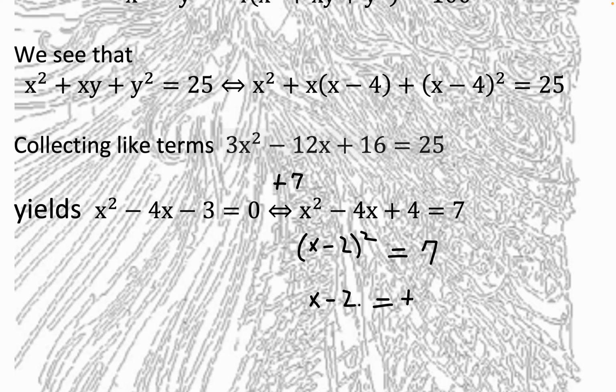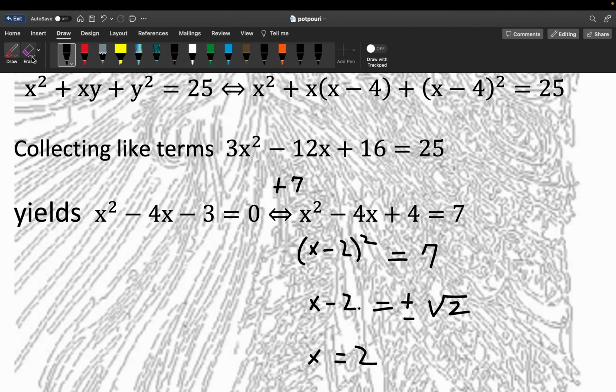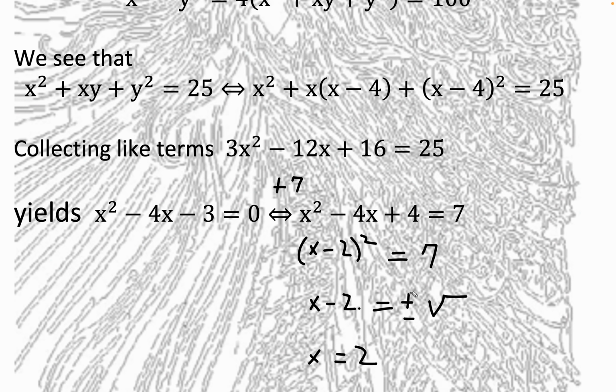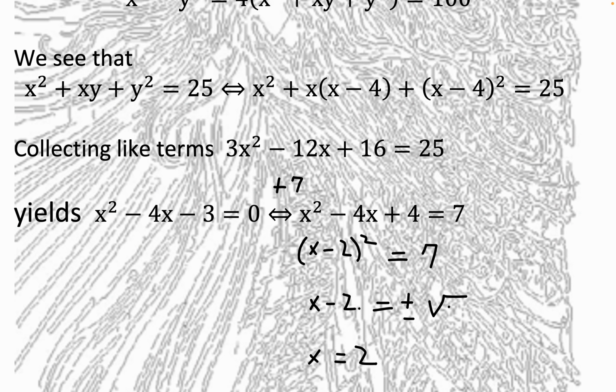All right, and then what that results in is x is equal to 2 plus or minus, oh, that should be the square root of 7 right there. Sorry. Let me erase that. 2 plus or minus square root of 7. All right, so right here, 2 plus or minus root 7.